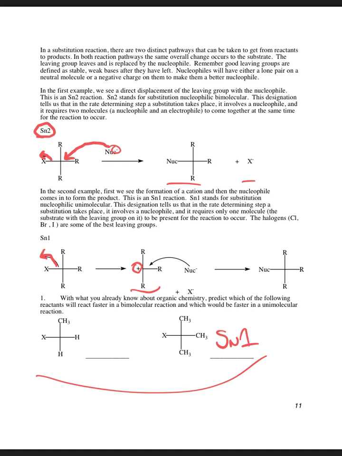So the t-butyl leaving group will be much faster in an SN1 mechanism because it's all about the formation of the cation. The SN2 is a direct displacement, so it's much better with smaller hydrogens out here, so the nucleophile can come in and form a bond to the carbon with the leaving group on it to kick it out all at the same time. Okay, so the primary is an SN2, the tertiary is an SN1 type mechanism.